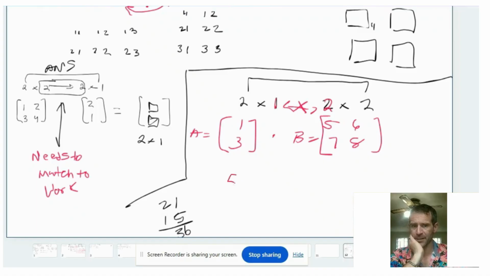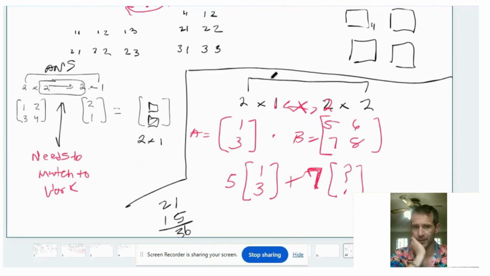If we did the 5 and the 7, I'm sorry, I've gotten a little tired, and I did this, we showed this earlier, didn't we? Where is it? It doesn't exist. We need a 2 to be there. We need a second column.